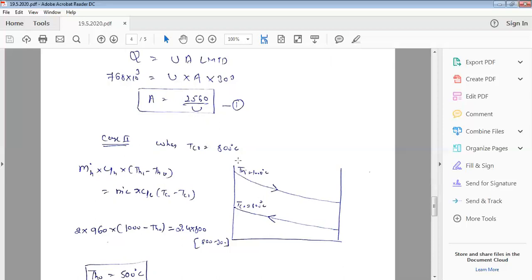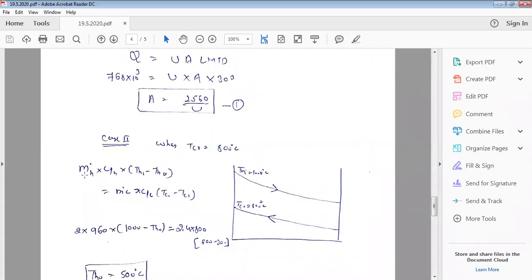The hot fluid enters at 1000 degrees Celsius and leaves at this temperature, and the cold fluid enters over here at 300 degrees Celsius, and this outlet temperature should be 800 degrees Celsius. That is what we want to do. The cold fluid should attain a temperature of 800 degrees Celsius. For that, we need to calculate all these things.